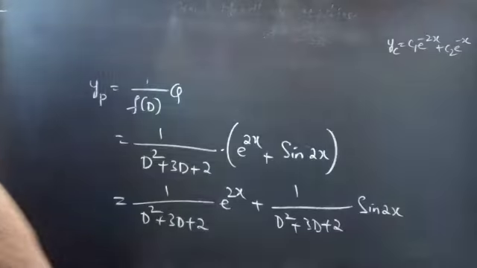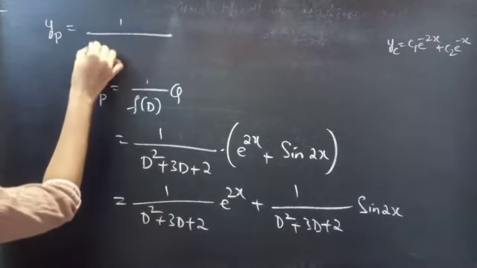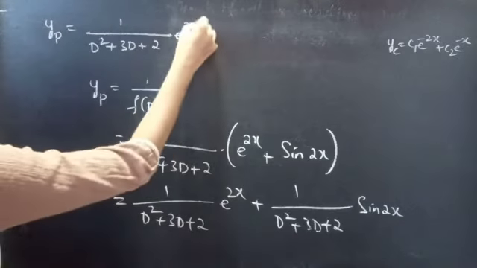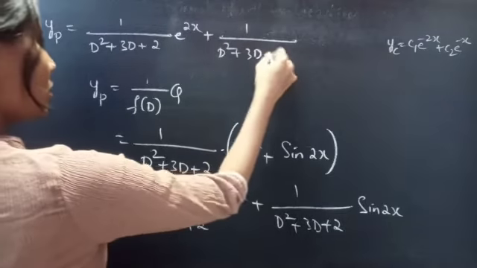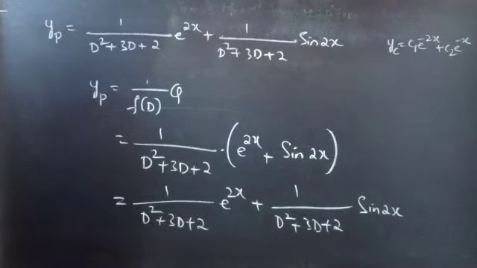We have yp equals 1 by D square plus 3D plus 2 into e power 2x plus 1 by D square plus 3D plus 2 into sine 2x.